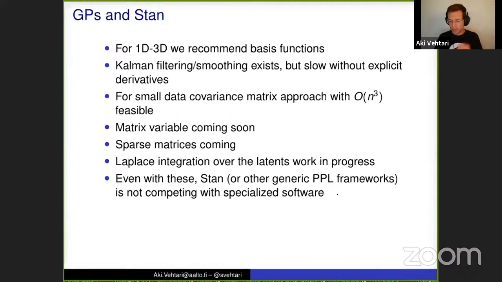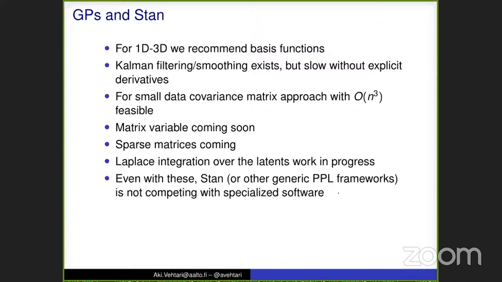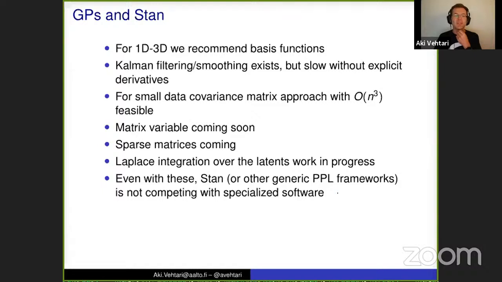So there's a place for these specialized software, and I know GPflow can handle much bigger data and has flexibility to go to interesting models, and even if it doesn't have the same flexibility, it has speed for big data.